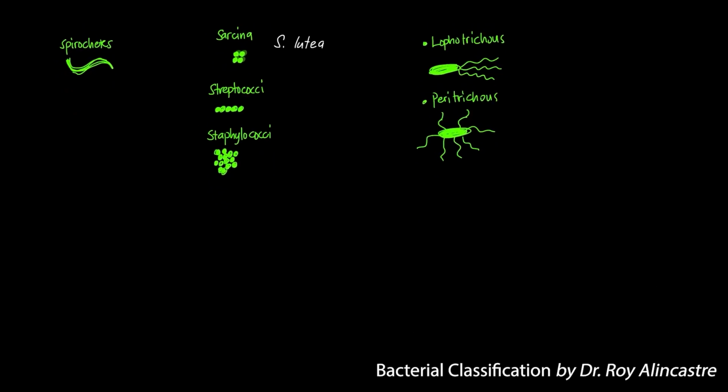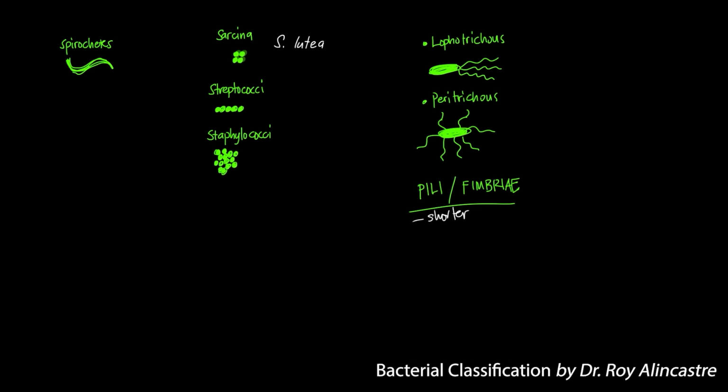Another kind of appendage is the pili, or fimbriae. These are rigid surface appendages of many gram-negative bacteria, which are shorter and finer than flagella. So these pili are composed of pilins, and they have adhesins at the tips for attachment.